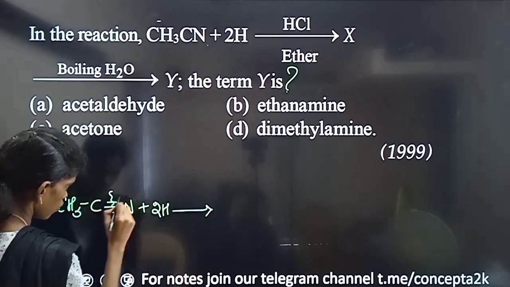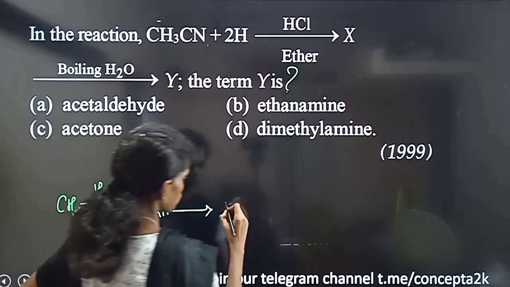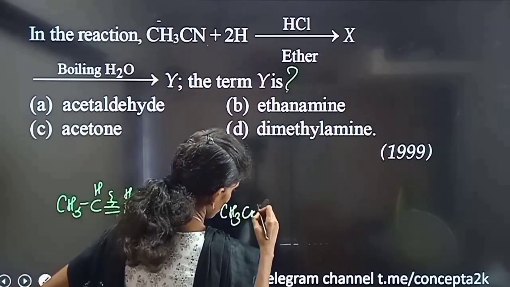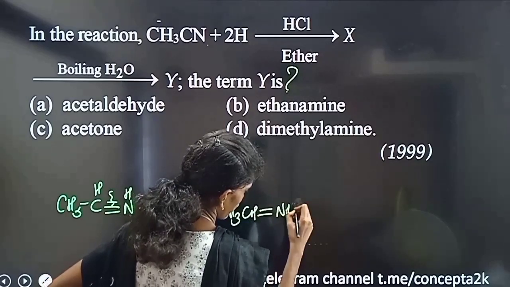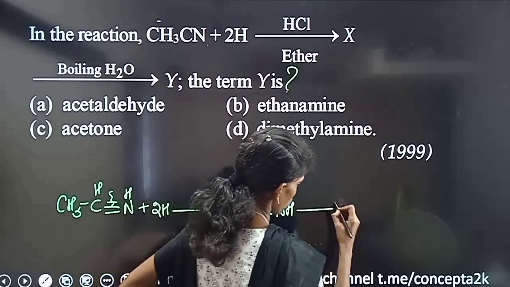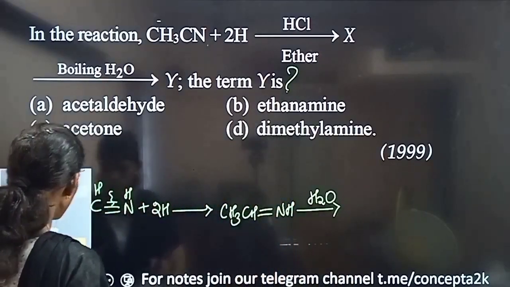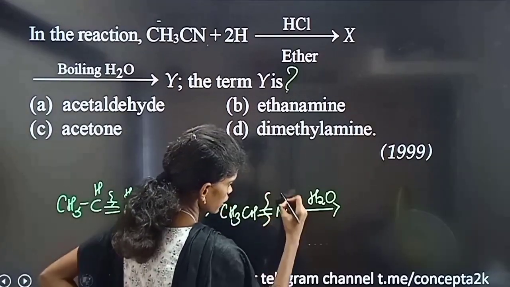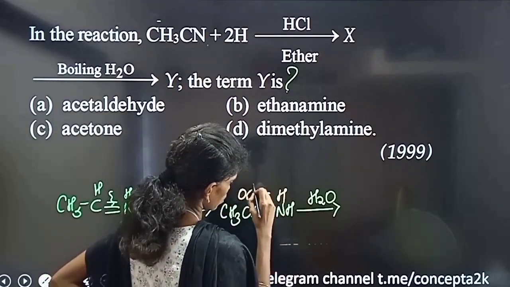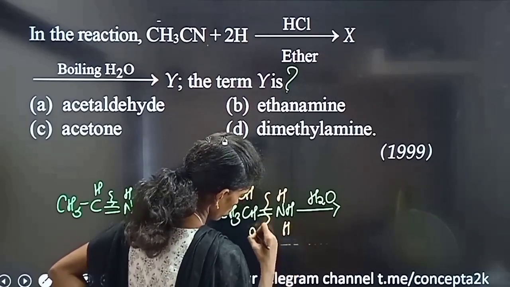So just to break this bond, add 2 hydrogens. So CH3, CH, double bond, NH. Then it is treated with water, where these two bonds are cleaved. If the bond cleaves, hydrogen and OH come in.